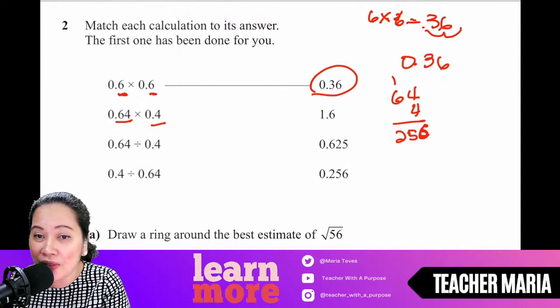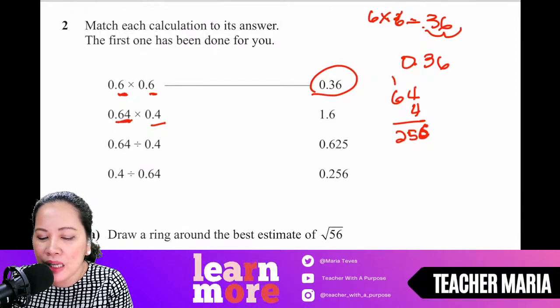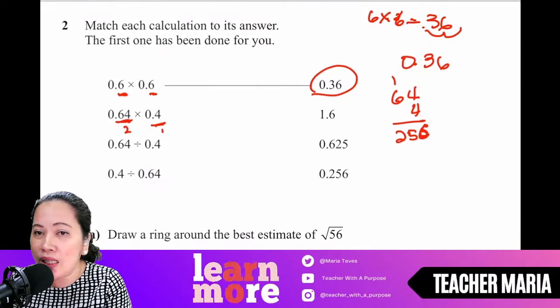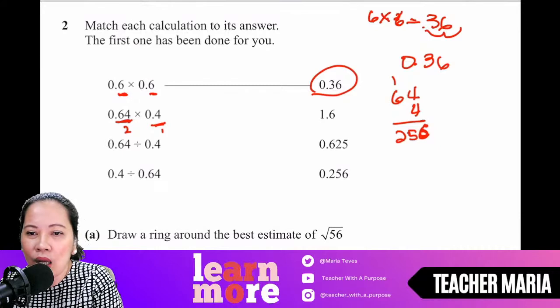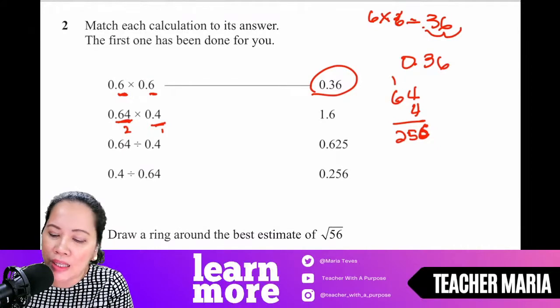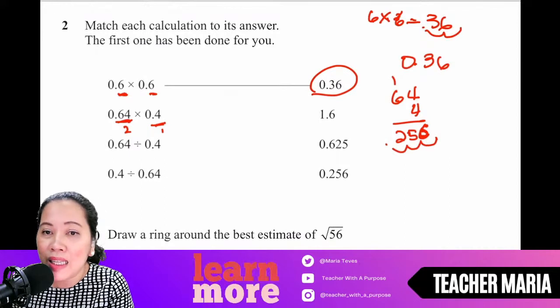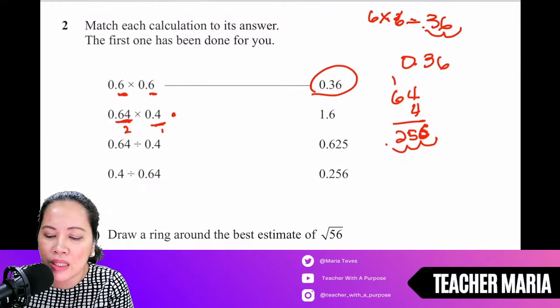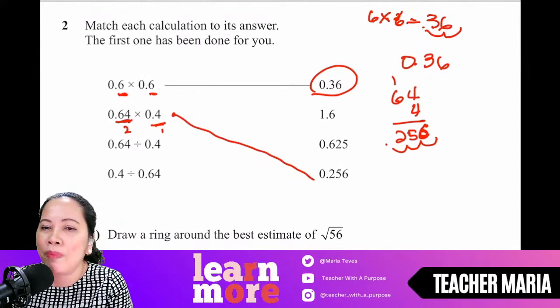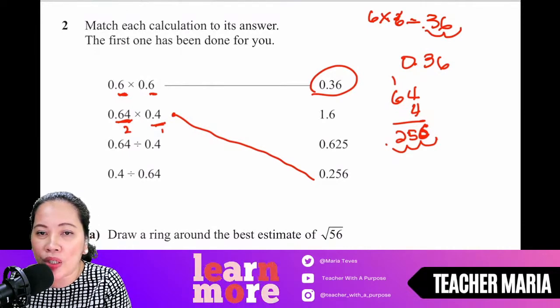So it's 256. Now you have 2 decimal places here and 1 decimal place on 0.4, so that's a total of 3. All you need to do is move 1, 2, 3 decimal places. That means 0.64 times 0.4 is 0.256.